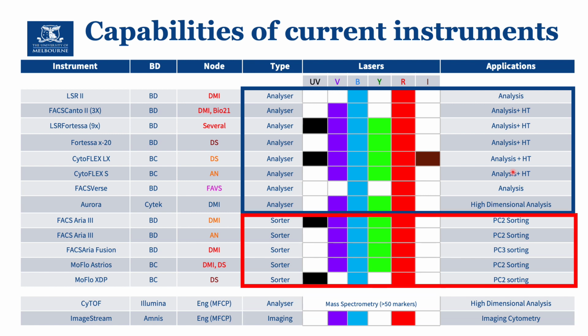We have the sorters, which are a specific type of cytometer that have all the analytical features of an analyzer, coupled to the ability to sort and isolate cells and populations. The instruments that are in the MCP platform also provide high dimension analysis. So in the case of the CyTOF, it's using mass spectrometry to measure over 50 markers.